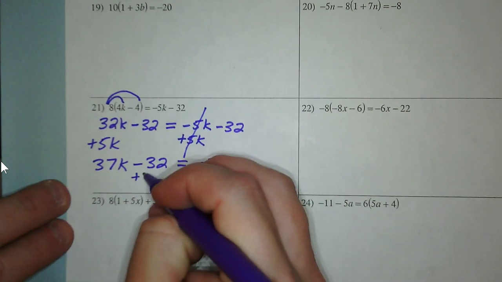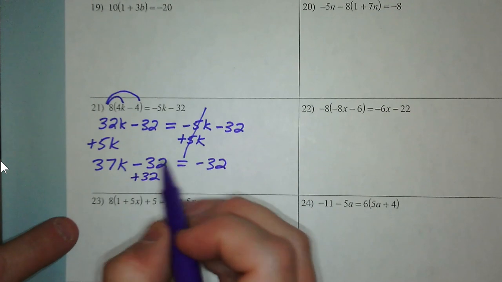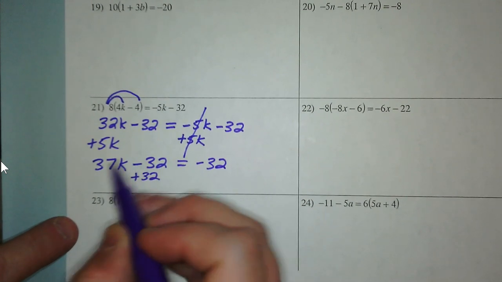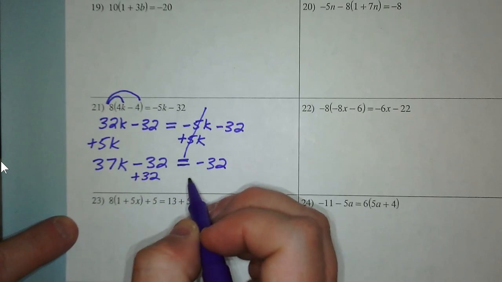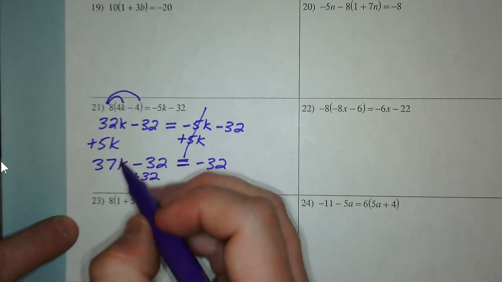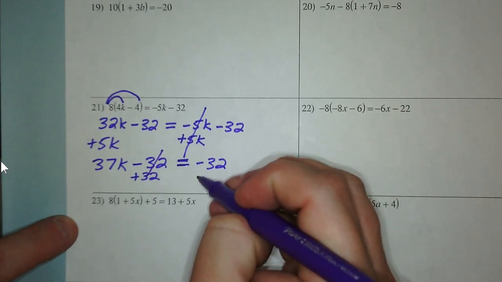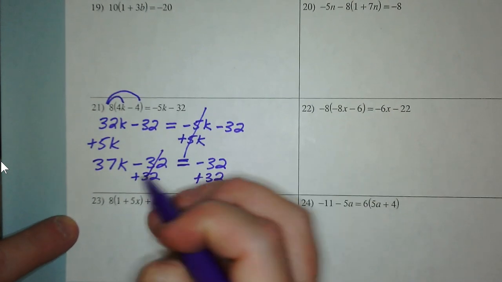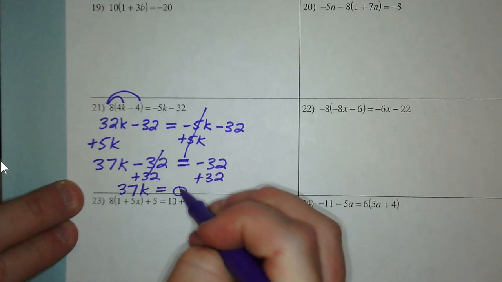So getting k by itself is like getting rid of all the stuff that's crowding around the k. Everything else that's on this left side, you're going to get rid of, starting with this minus 32. So we add 32 to both sides, and we get 37k equals 0.